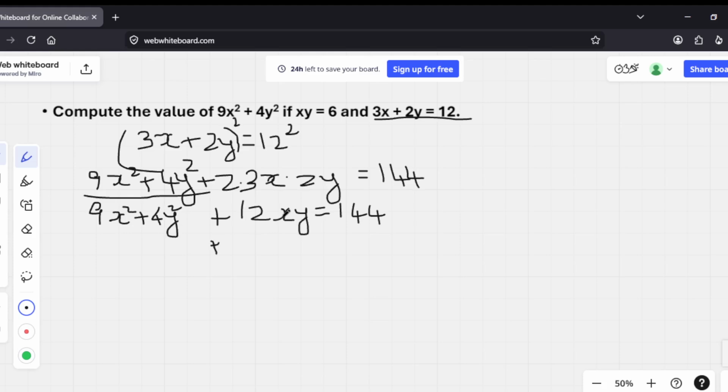And for xy the value is given to us, xy equal to 6, that can be substituted here. Twelve into 6 is 72. This value is untouched; I am simply rewriting it from the previous step.